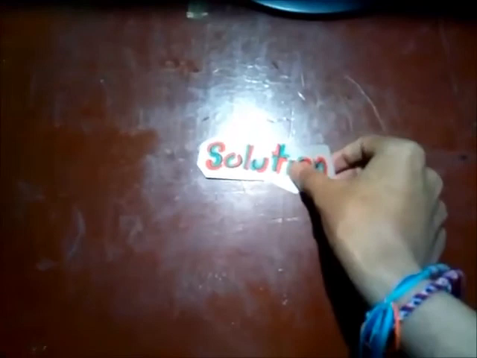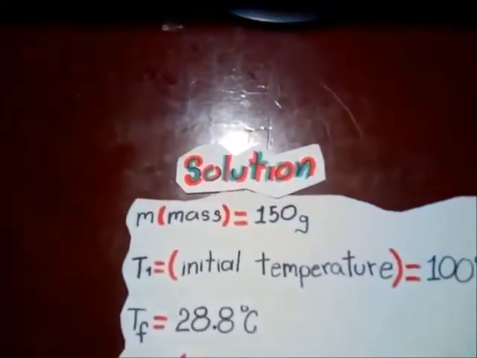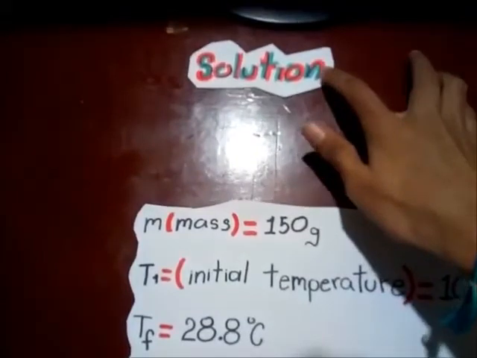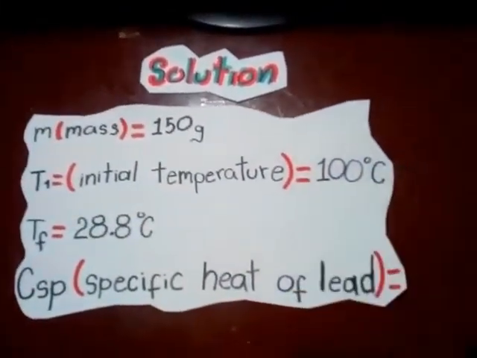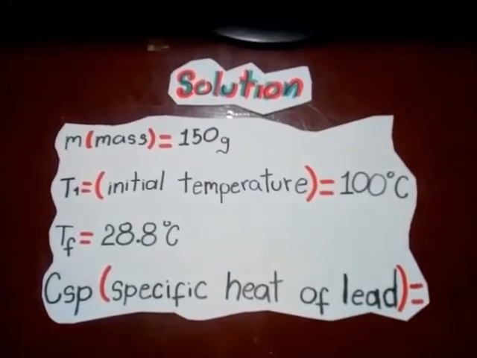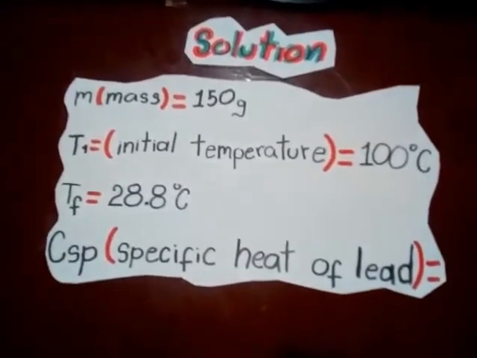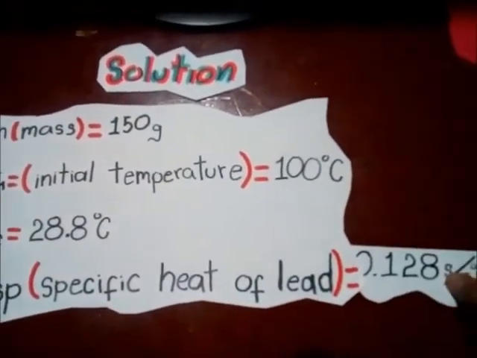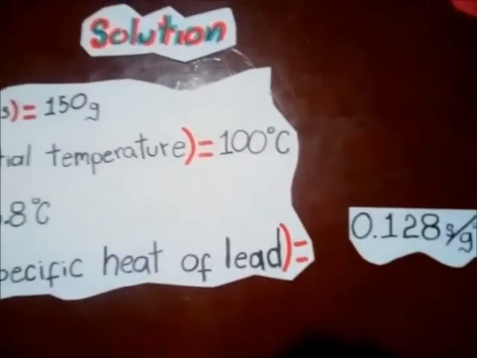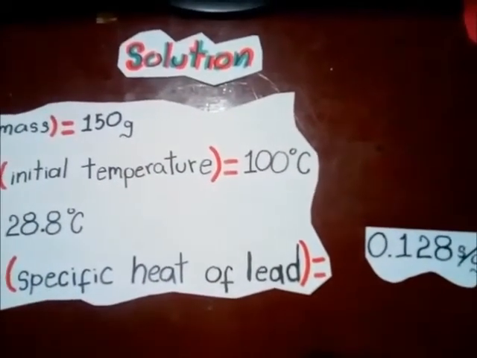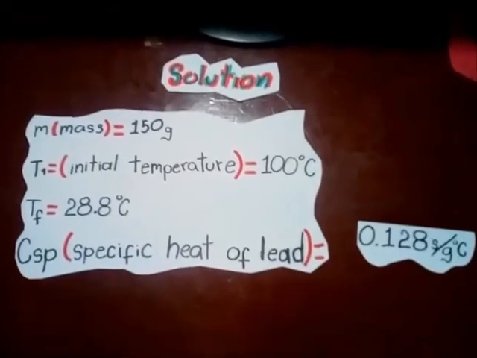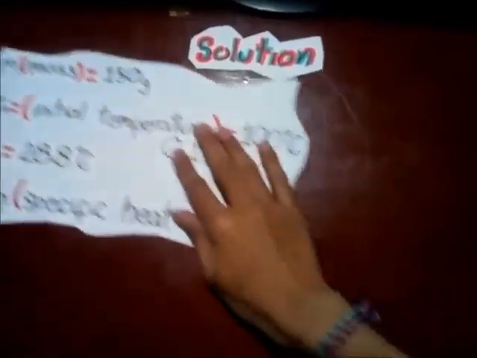And finally, the solution is the next. Currently, we know that m (mass) is equal to 150 grams, and Ti (initial temperature) is equal to 100 Celsius. Tf is equal to 28.8 Celsius. Cs (specific heat of lead) is equal to 0.128 joules per gram Celsius.